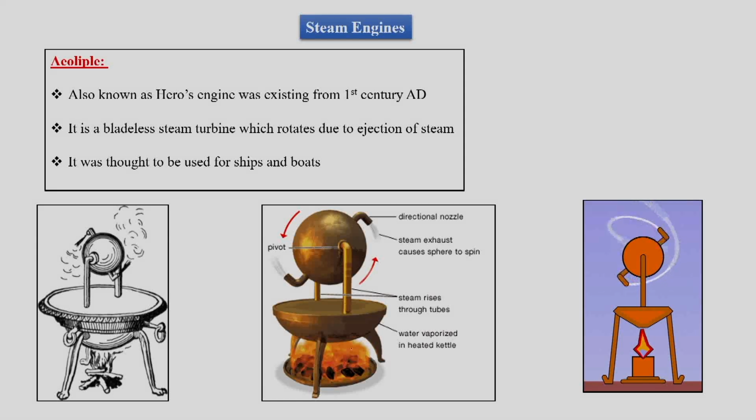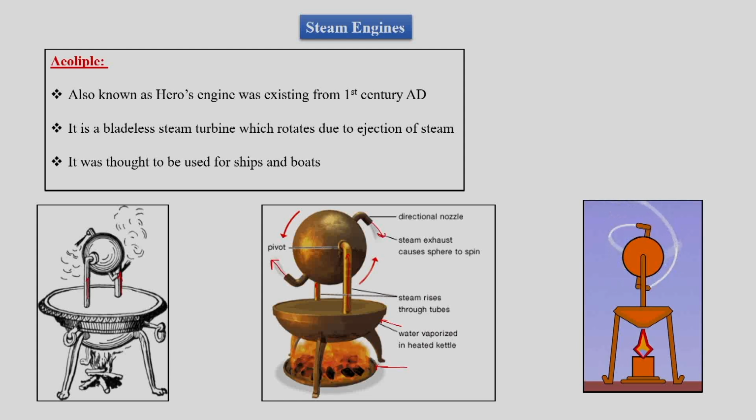It is supplied with heat. This is the water vaporizer, and it is supplied with heat by burning coal. So water would get evaporated, and then it goes inside this sphere or spherical container through the two limbs which are shown in these two figures. Once vapor comes into the spherical drum, vapor would get ejected in two jets, and accordingly by reaction this spherical drum rotates.